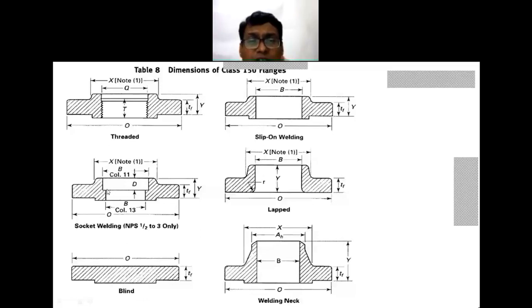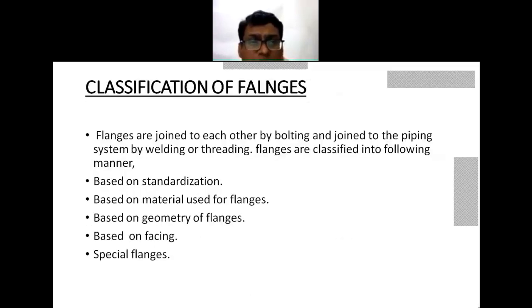Now the classification of the flanges: based on the standardization, based on the material used for the flanges, based on the geometry of the flanges, then based on the facing and the special flanges. So these are the different categories that can be used for classification of the flanges.